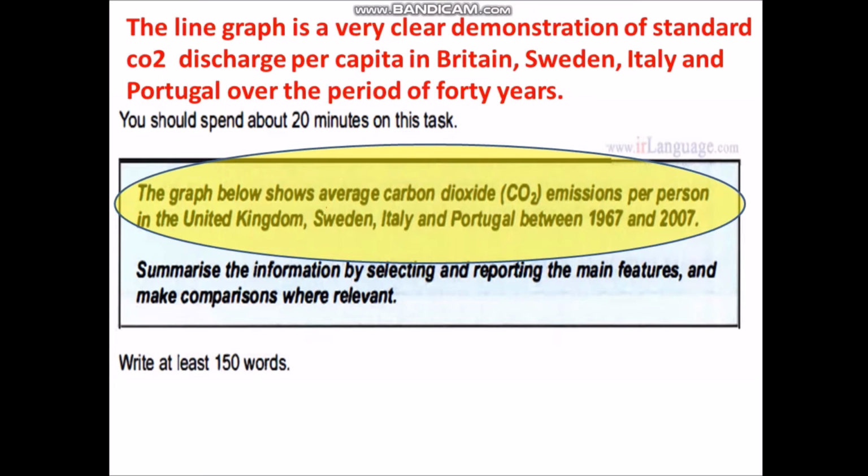So that is a synonym to emission per capita, per person in Britain, Sweden, Italy, and Portugal over the period of 40 years. From 1967 to 2007, that is a period of 40 years.